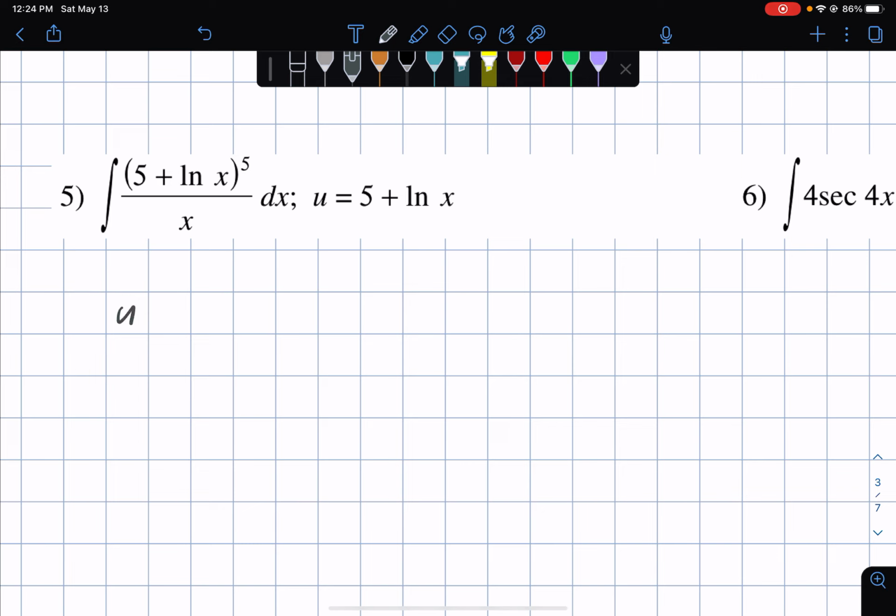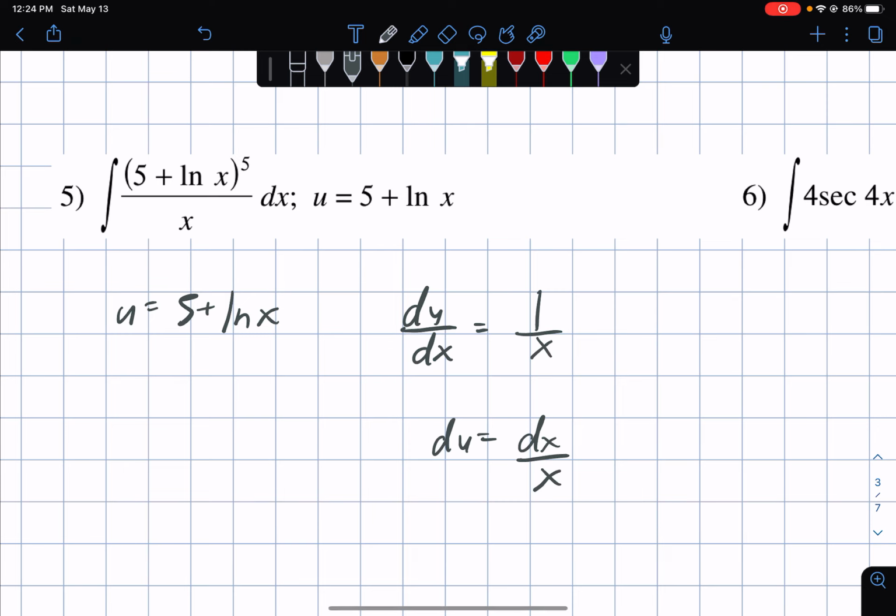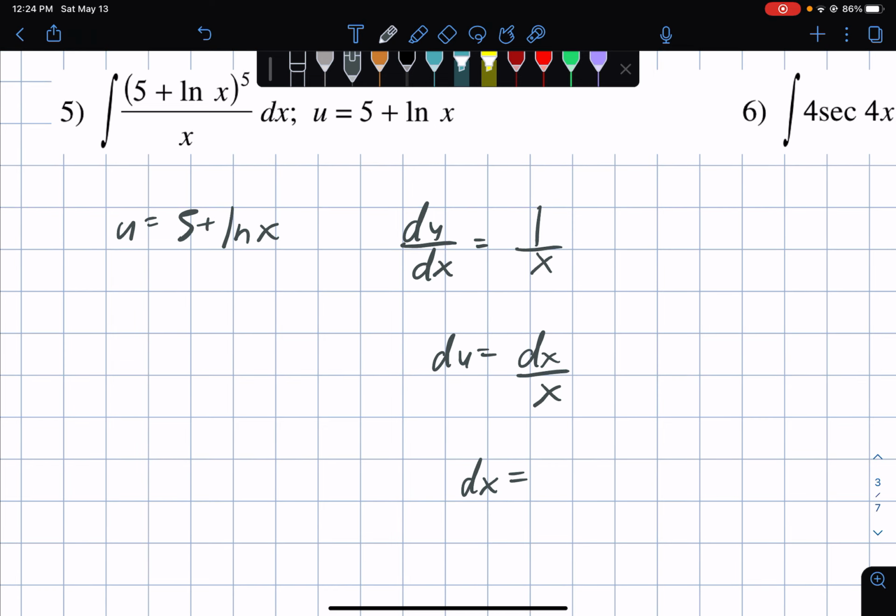Okay, so u is equal to 5 plus ln x, and then du over dx is equal to, what is the derivative of, I guess it's 1 over x, and then du is equal to dx over x. dx is equal to du times x.